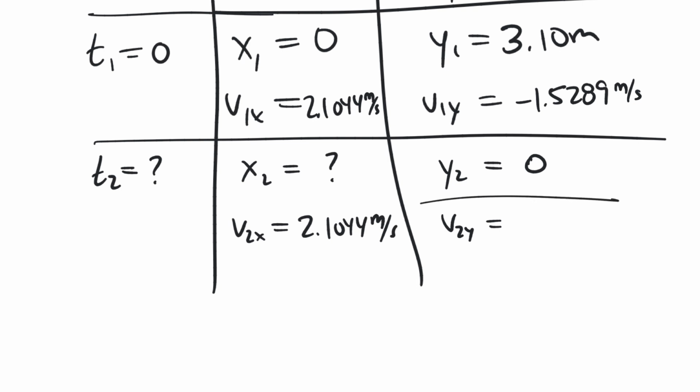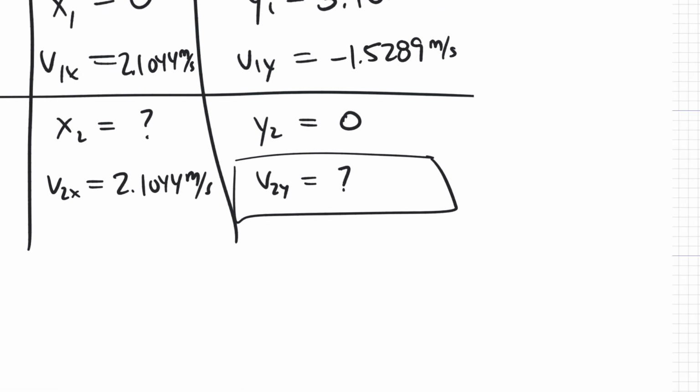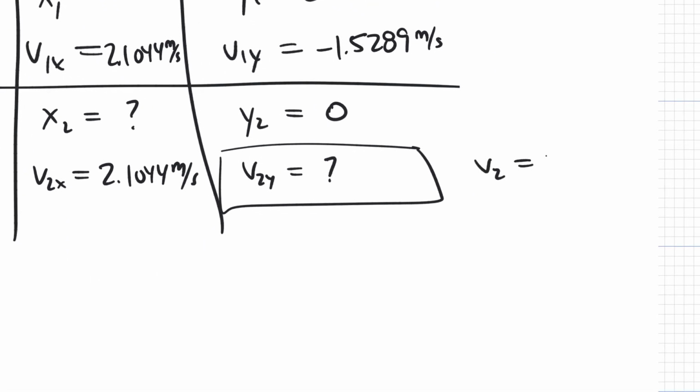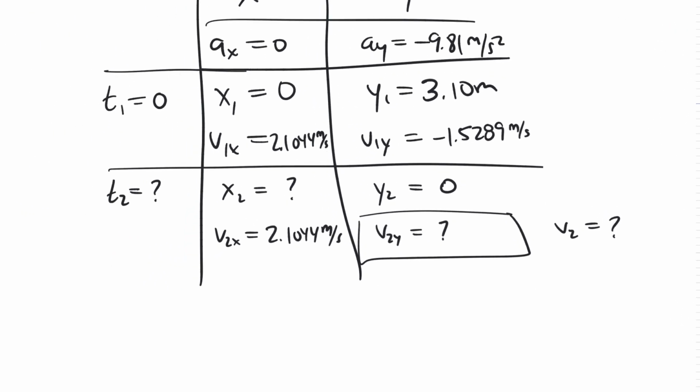Now the question is, are we solving for it? Let's see. Oh, we do ask how fast it's going when it hits the ground, so we need to get that so that we can get V2 equals what? Okay, so what's going to make our lives a lot easier? As always, our lives are going to be a lot easier if we get time.